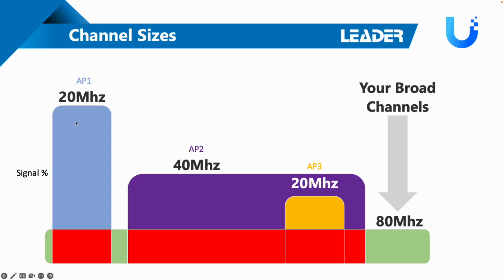These are neighbors. And you can see how a 20 megahertz channel or 40 megahertz or another 20 megahertz wide channel can potentially interfere with yours because your channel is so broad. If I were to set this to a 20 megahertz wide channel and just use this piece of the spectrum, I would mitigate all of this interference and I would potentially have a higher throughput rate even though my channel is smaller.